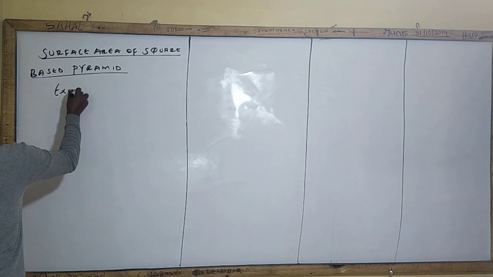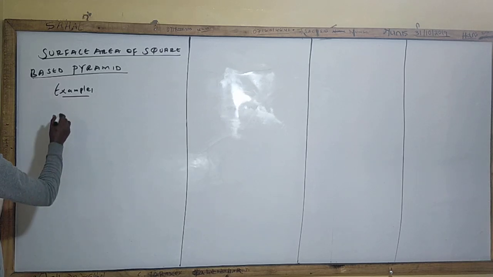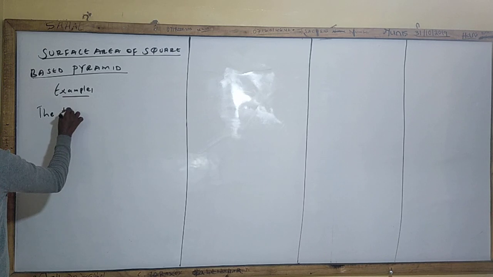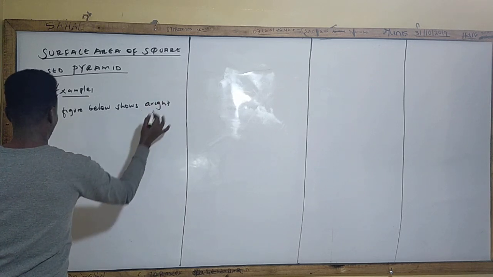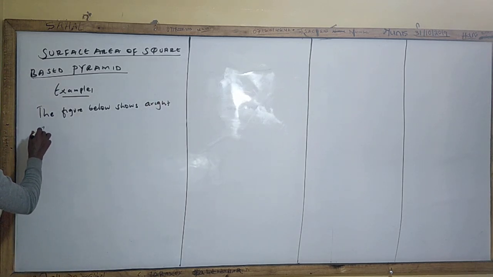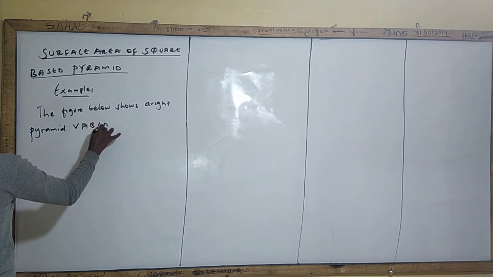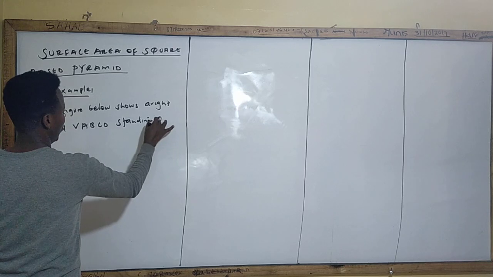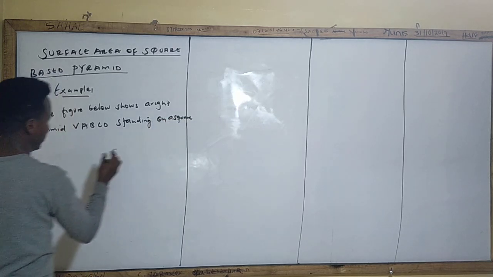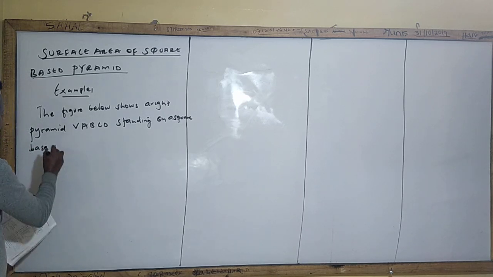Let's start with example 1. In your example 1, you are told the figure below shows a right pyramid VABCD, standing on a square base of side 12 centimeter.